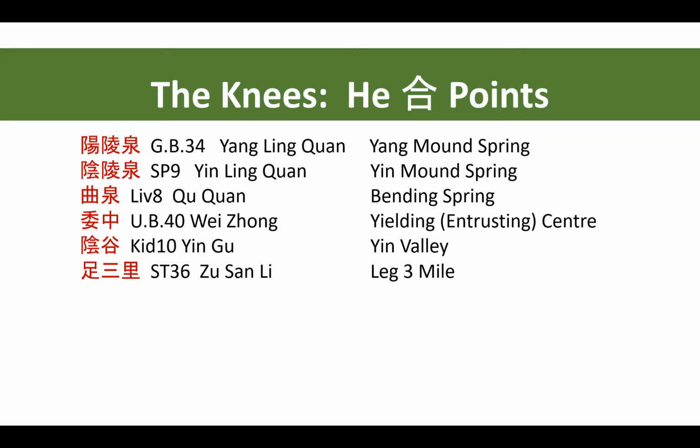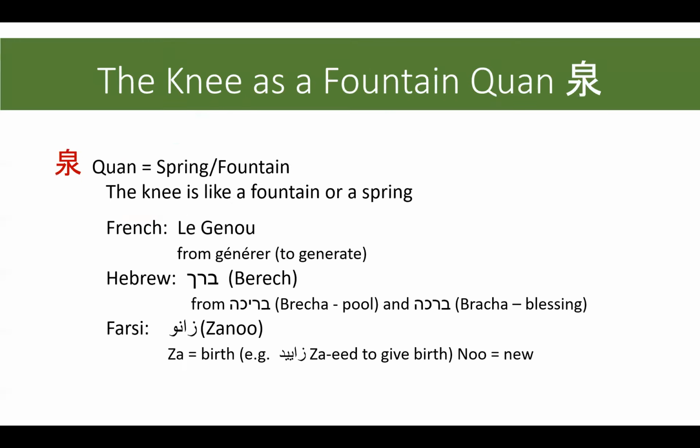Now, in the knees, we have 3 fountains. Okay, we have gallbladder 34, spleen 9, and liver 8. These are all fountains. Okay, and a fountain, Chuan, is something that generates. Now for you in the French, the knees, I think it's in the next slide.